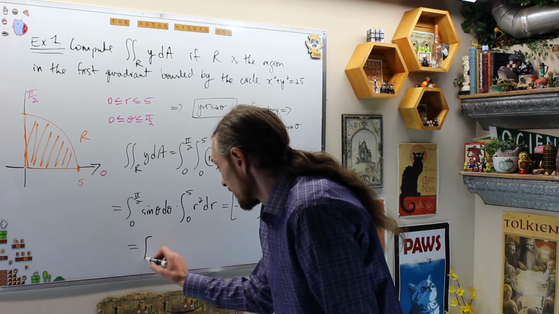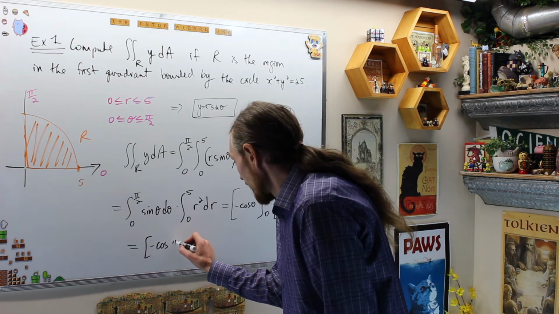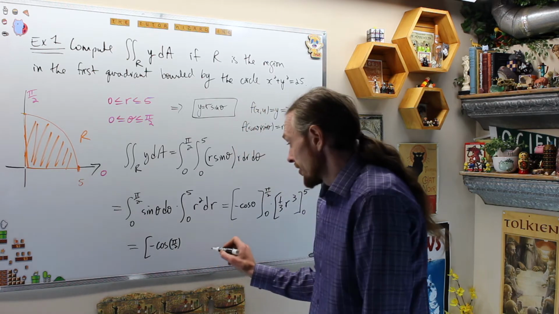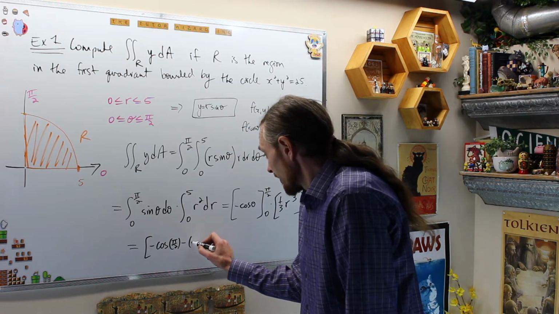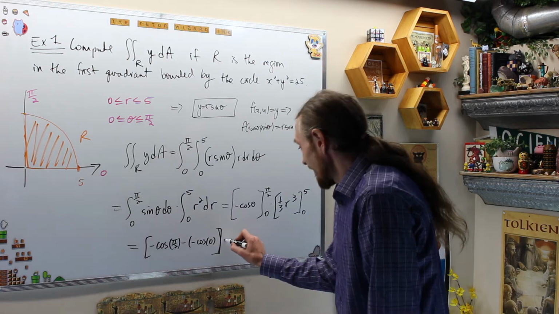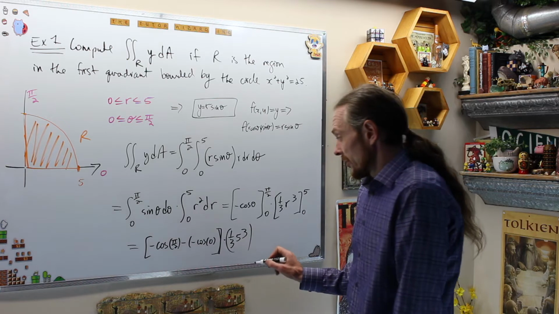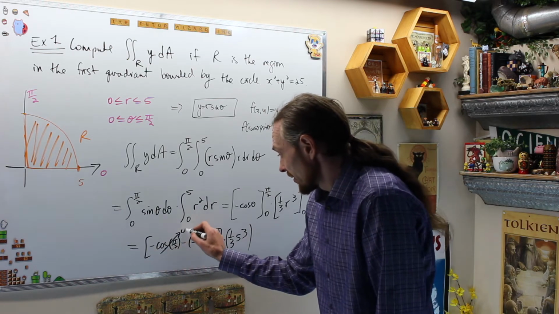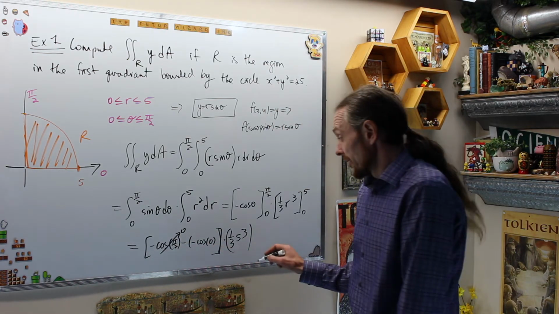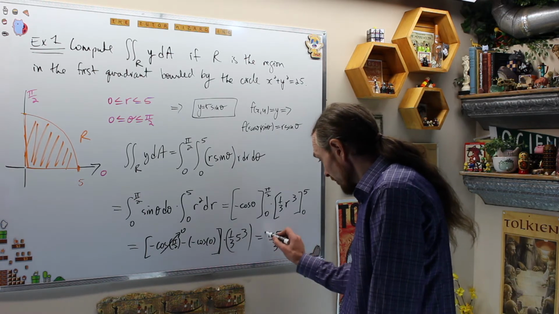I'm going to get negative cos of pi over 2 minus negative cos of 0 times 1/3 5 cubed, which is going to give me, this is 0 and this is 1, and so that is going to give me 125 over 3.